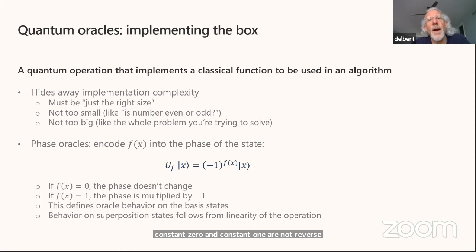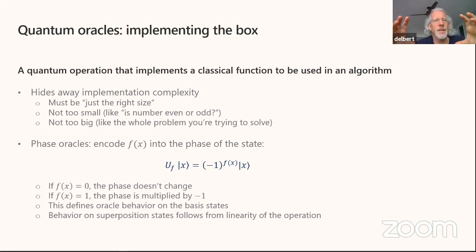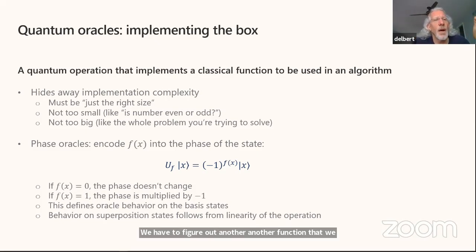So we have to figure out another function that we can work with that will let us test these things. In quantum computing, it's very common to have oracles that we use to set up a problem or work our way through an algorithm to find a solution to a problem.